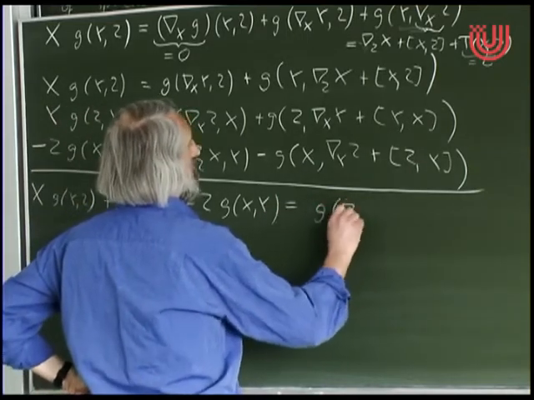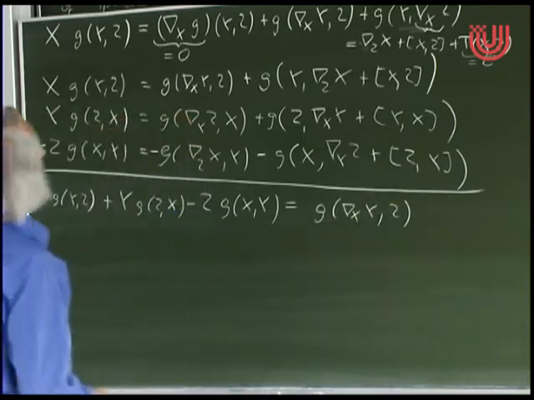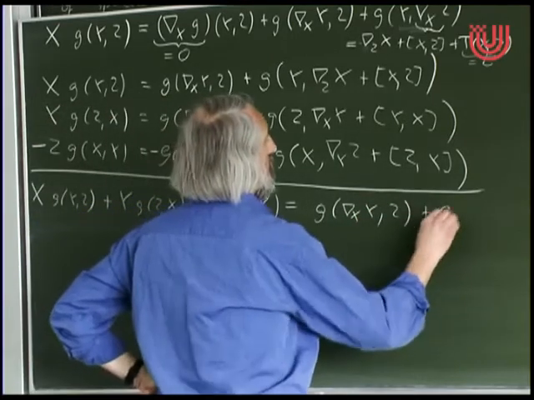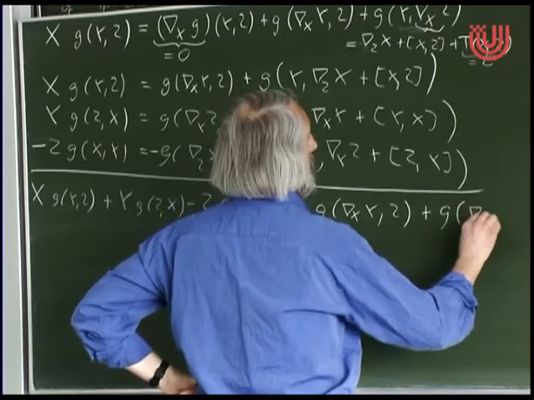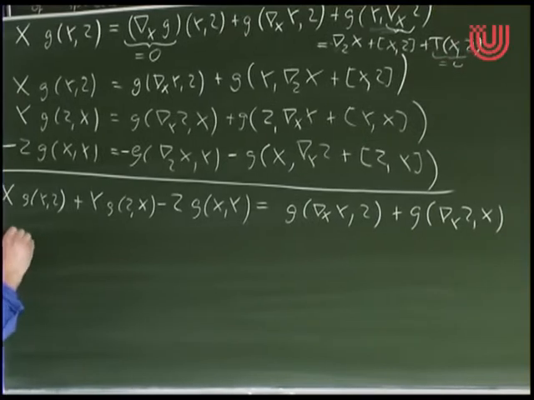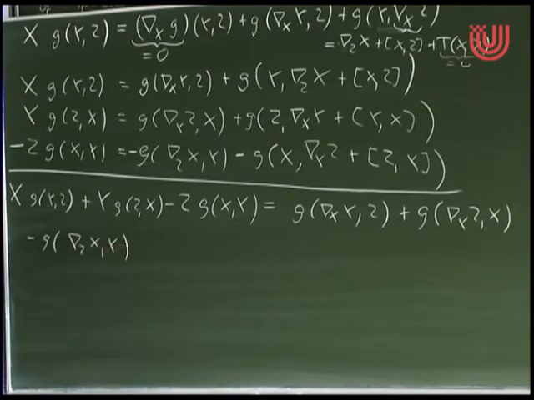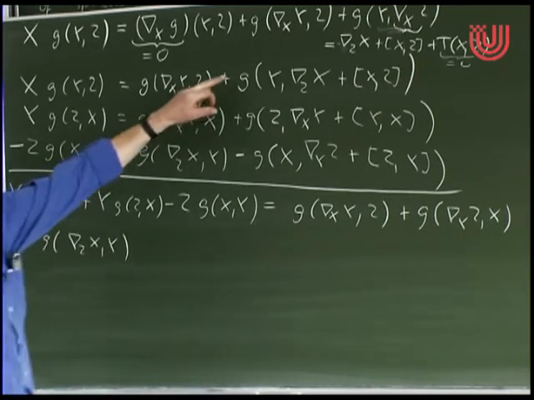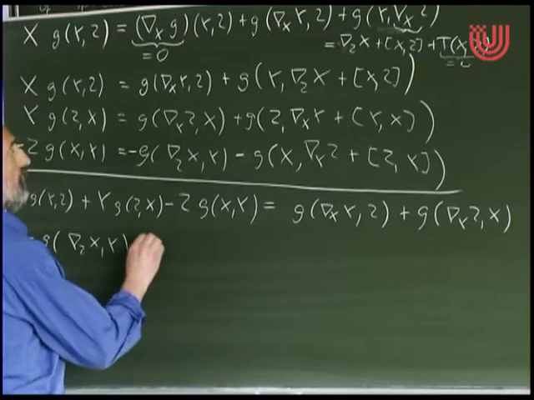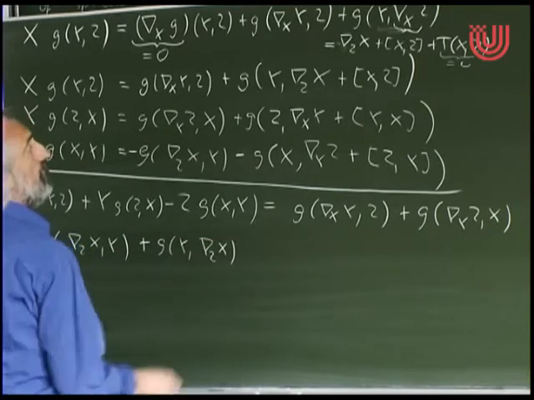So I have g del x y z plus g del y z x minus g del z x y. And then I get these three terms. So I get plus g y del z x.